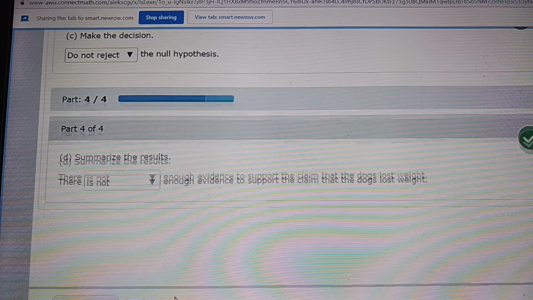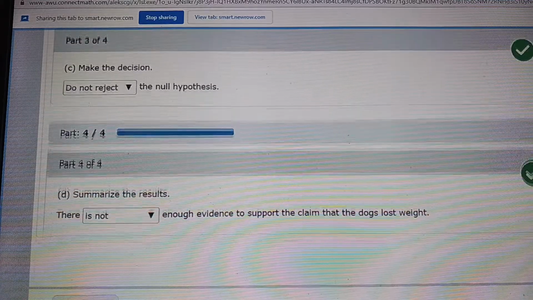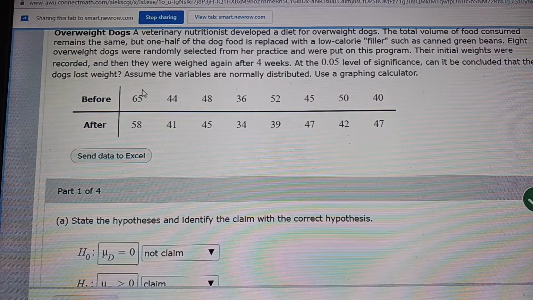So this is saying whatever diet they're putting these dogs on is not working. If they tried to make a commercial and say, buy our dog food or do our diet and your dogs will lose weight, they could get sued for that because this is showing it's not significant. They're not making dogs lose significant amount of weight. Maybe it worked well for one dog, but that's probably because they found a really overweight dog and then it's easier to make that one lose weight.